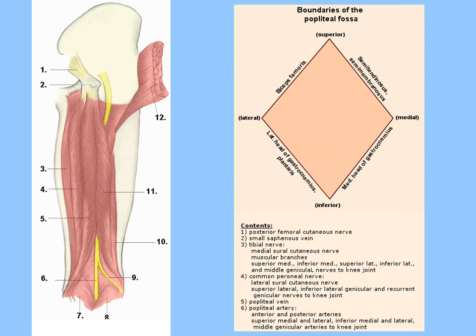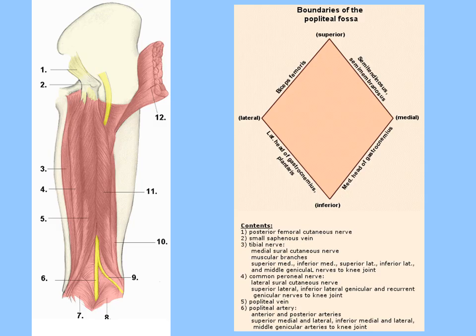The area posterior to the knee is known as the popliteal fossa. We will talk about it as we talked about the cubital fossa in the elbow. The popliteal fossa is bordered superiorly on the lateral side by the biceps femoris and superiorly on the medial side by the semitendinosus and semimembranosus muscles.